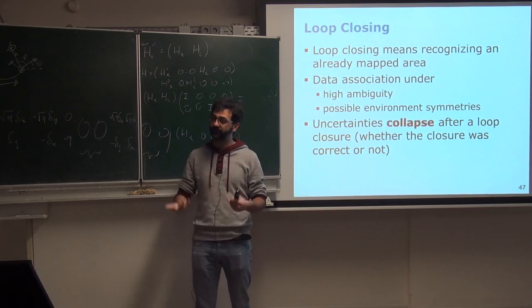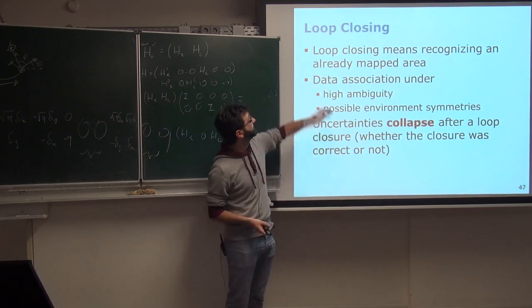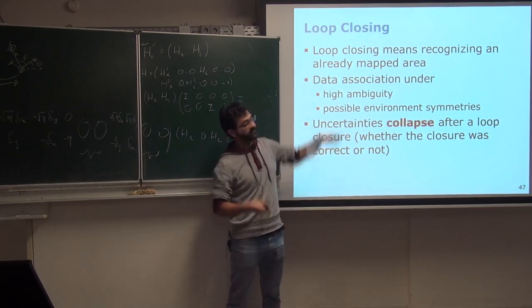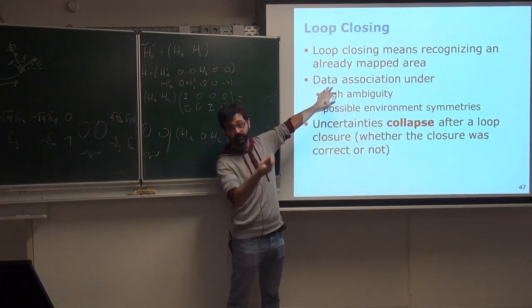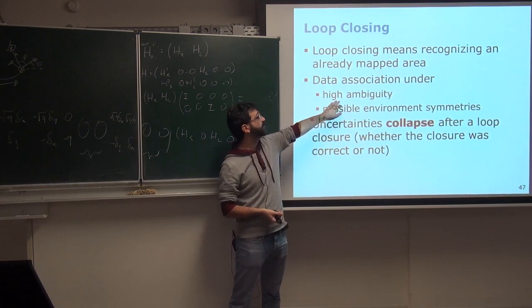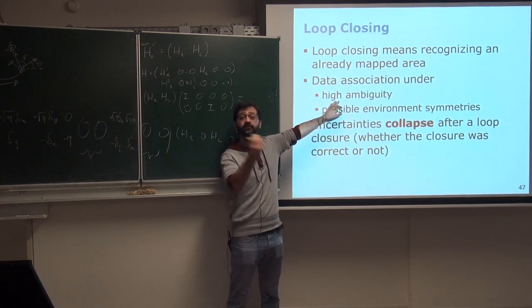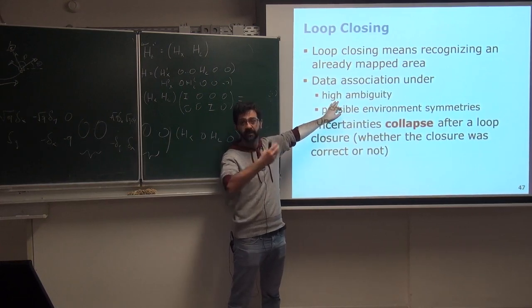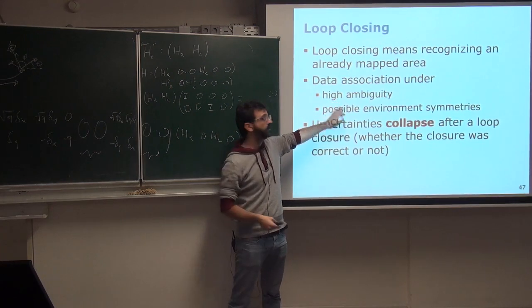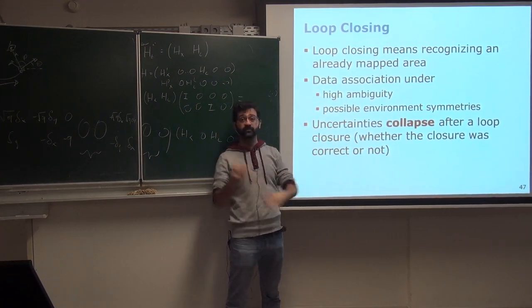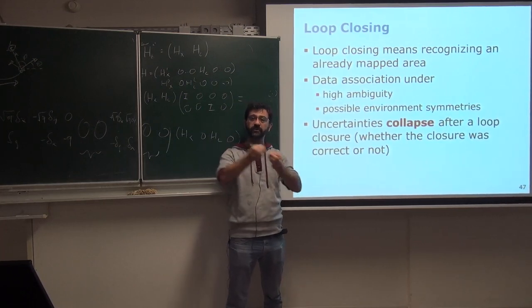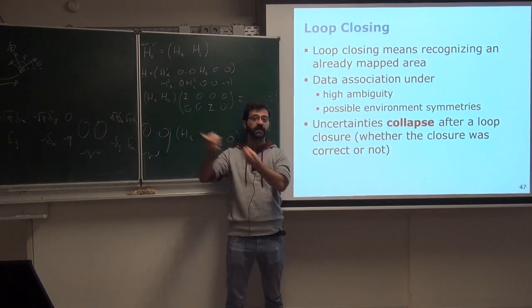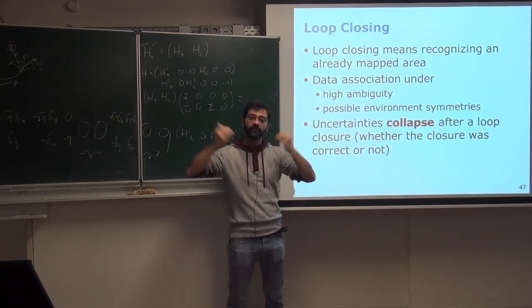But in principle you need to recognize a place where you have already been before, and you want to associate your measurement with the landmarks, and you normally have high ambiguity, so that one measurement can be associated to multiple landmarks. And you can also have symmetries, so sometimes you cannot even consider geometric relations between them, because there might be very similar structures, so you need to reason about that on a higher level.